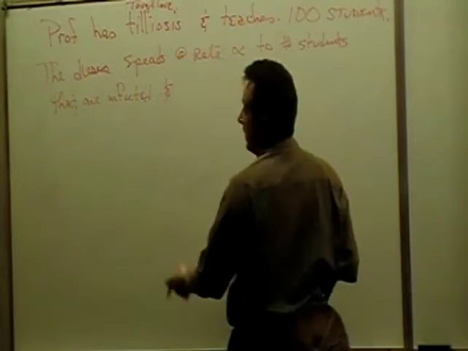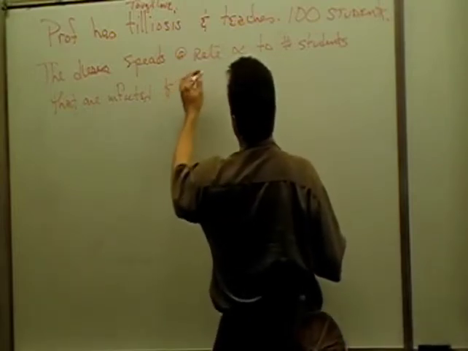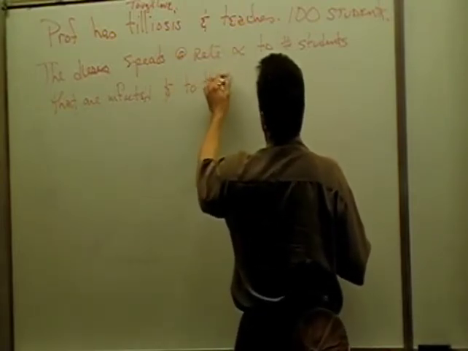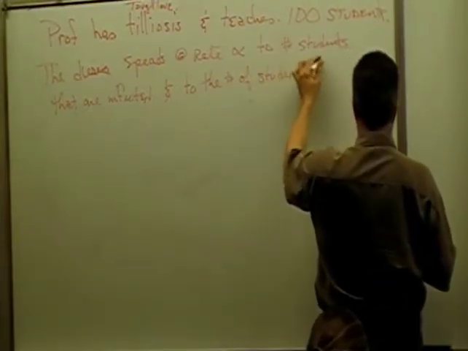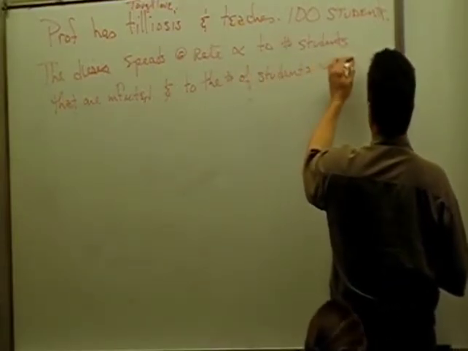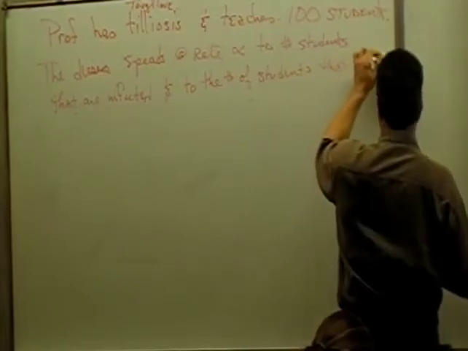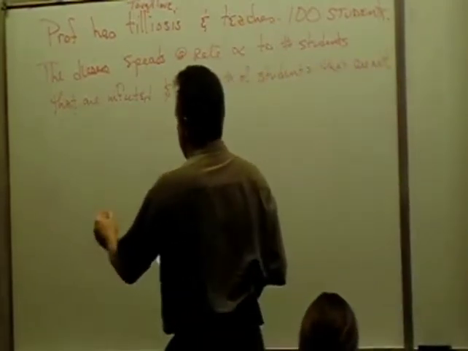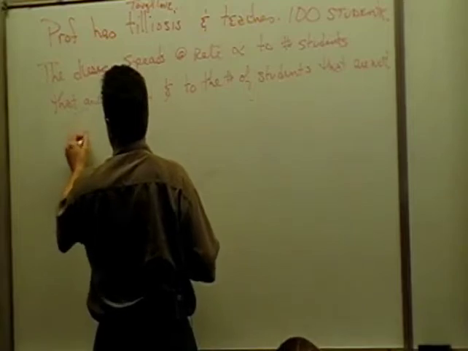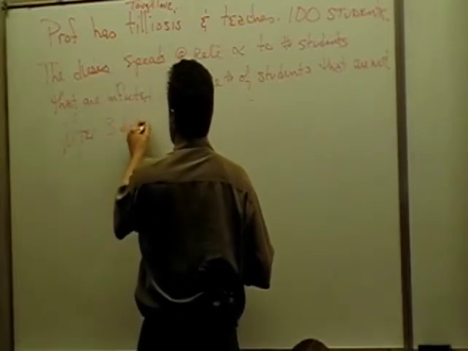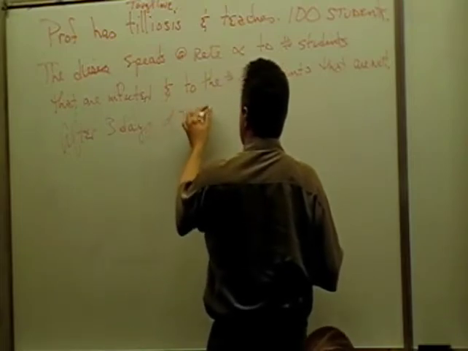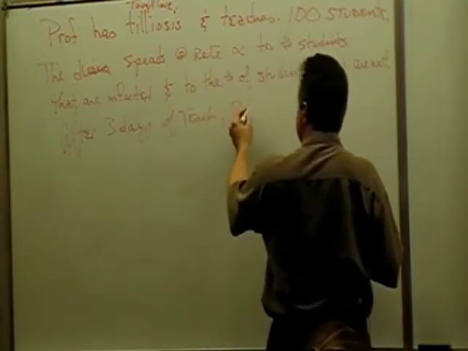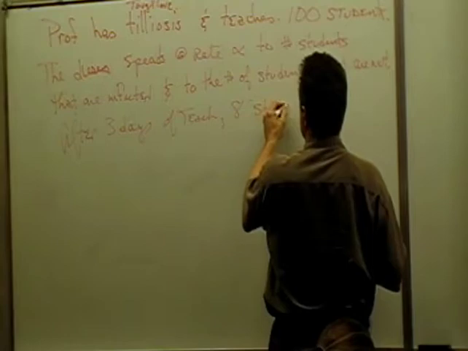And so it's a joint proportion, and to the number of students that are not. After 3 days of teaching, there are 8 students infected.